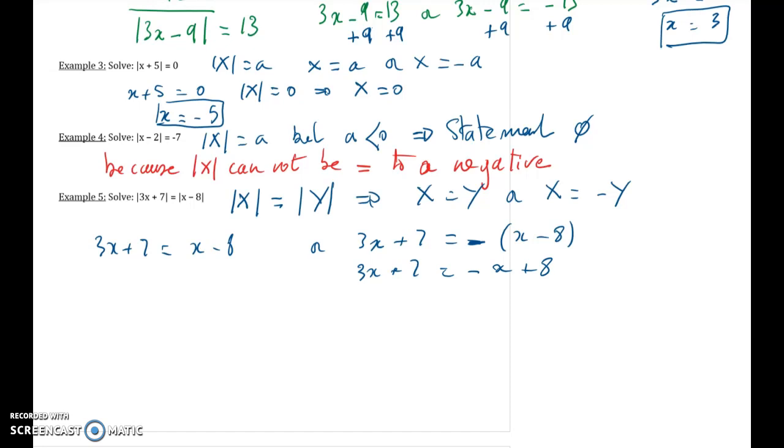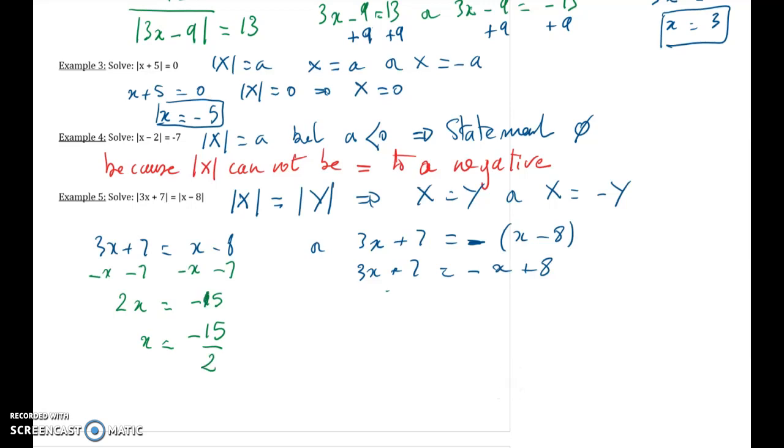Now I'm going to reorganize to have all the variable x on one side and all the non-variable terms on the other side. I'm going to subtract x and subtract 7, and end up with 2x equal negative 15, so x equals negative 15 over 2.